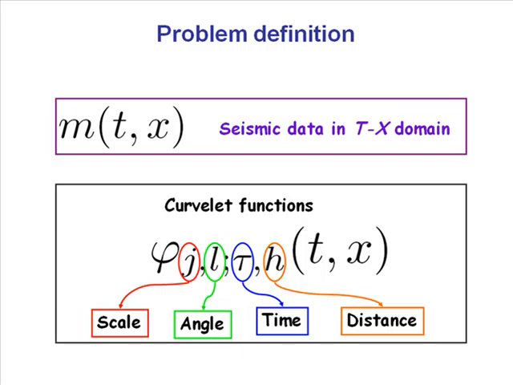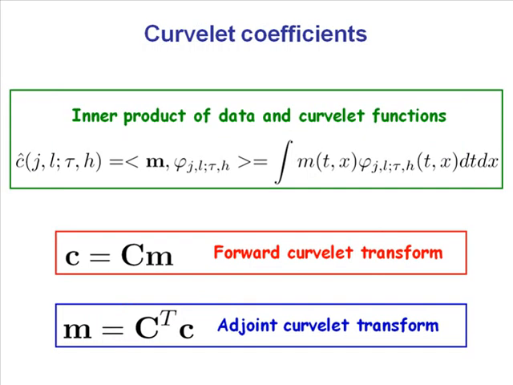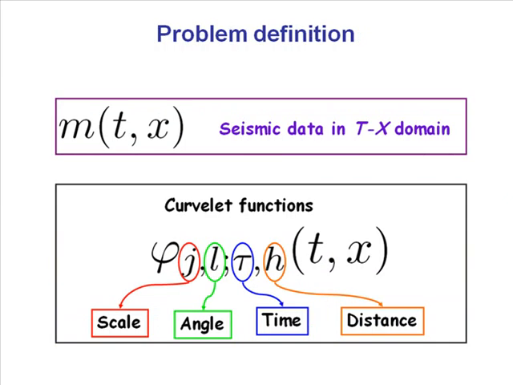You try to go locally in the TX domain and find the contribution of the data to each scale and angle. I'm going to show this. This is a really simple concept in the FK domain, and you can see how you can do that. The guys at Caltech were creating these atoms, these curvelet functions.